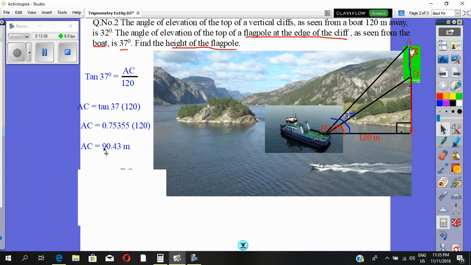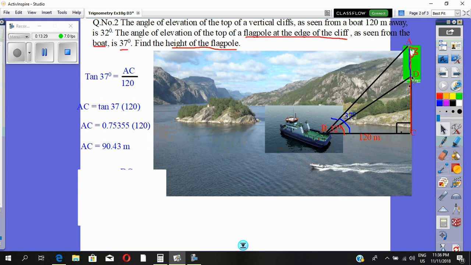We get AC, that is 90.43, which is the total height from the bottom to the end of the flagpole.